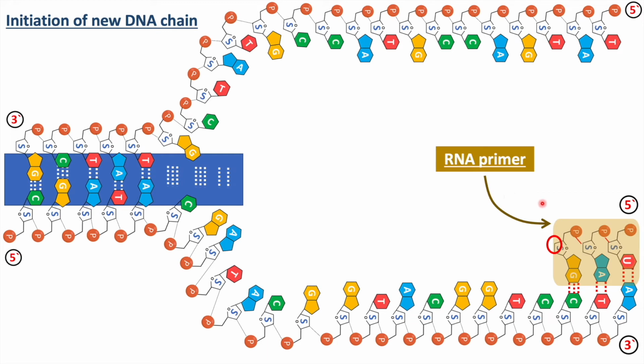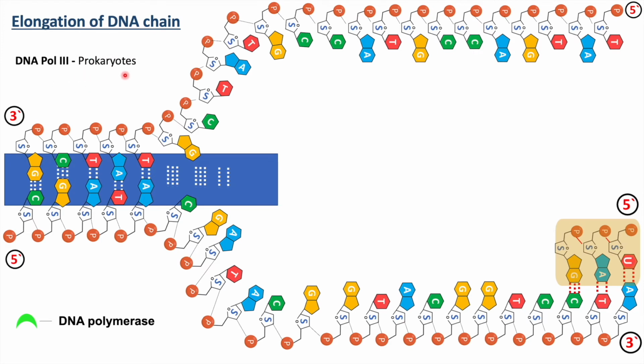Another important thing I want to mention, as I talked about before, is that a new DNA strand can only be synthesized from 5' to 3' end. So here you can see that we have a 3' position, so the new strand is being synthesized in this direction, from 5' to 3'.